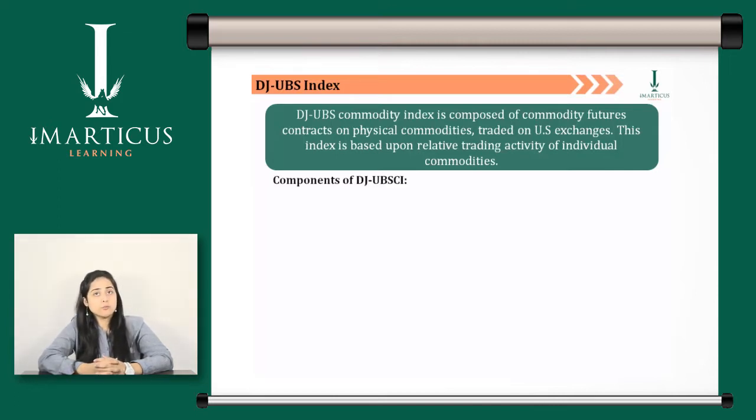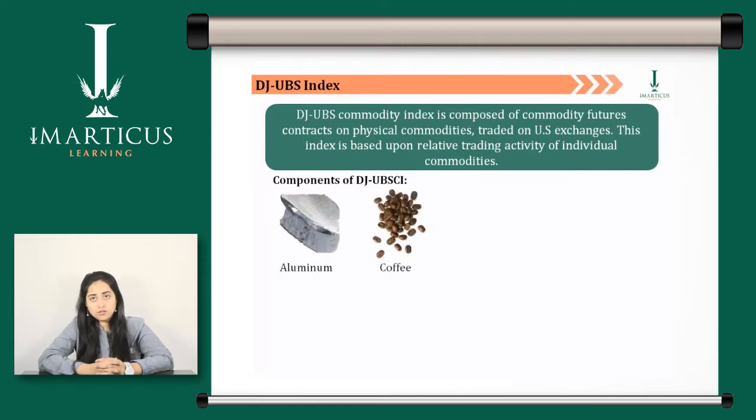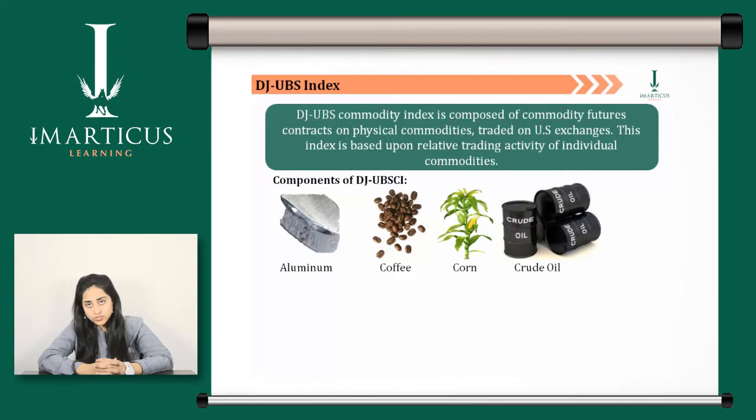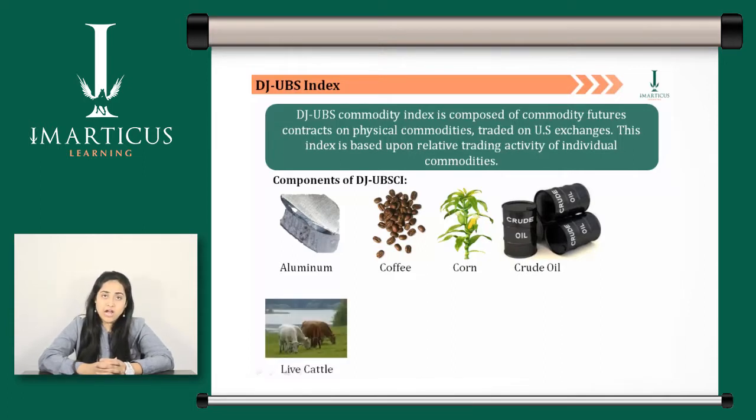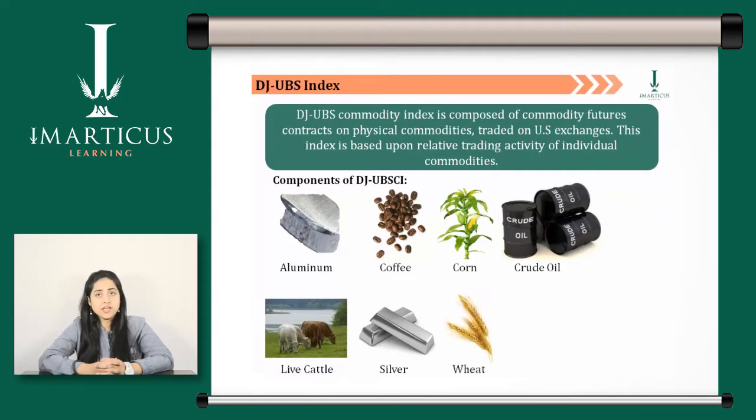There are various components of DJUBSCI, some of which are aluminium, coffee, copper, corn, cotton, crude oil, gold, heating oil, lean hogs, live cattle, natural gas, nickel, silver, soybeans, soybean oil, sugar, unleaded gasoline, wheat, and zinc.